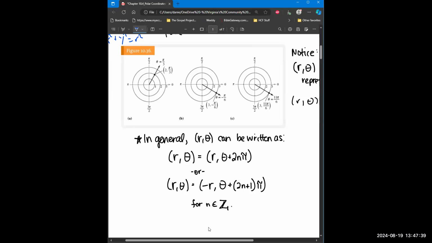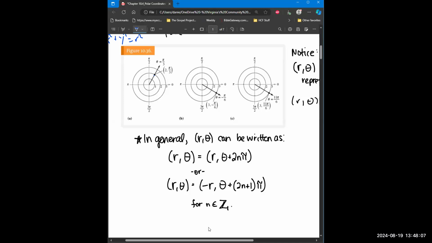I'm really not interested in the other side of the line unless r is negative. If r is positive, I'm moving from the pole out in this direction of this angle. So I can just look at that ray, and where that ray and that circle intersect one another, that's where my polar coordinate is, where r equals 2 intersects with theta equals pi over 3. There's 2 pi over 3.